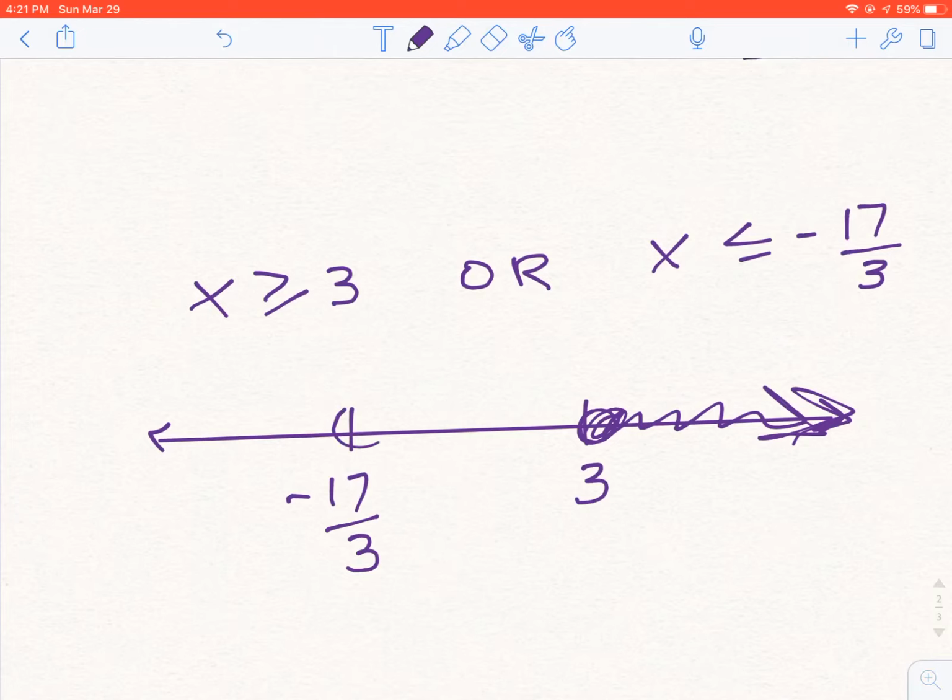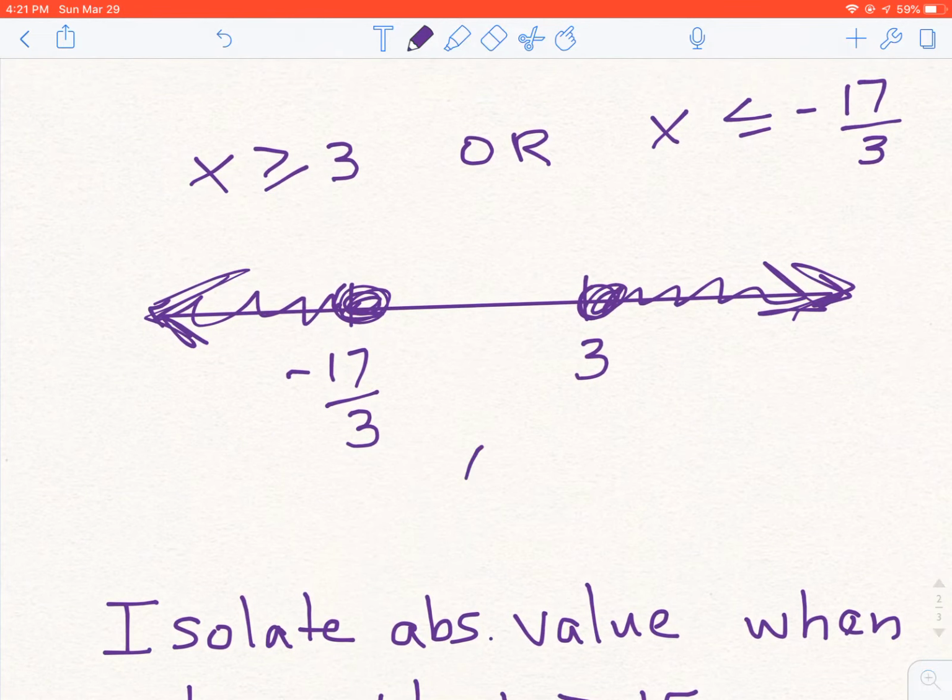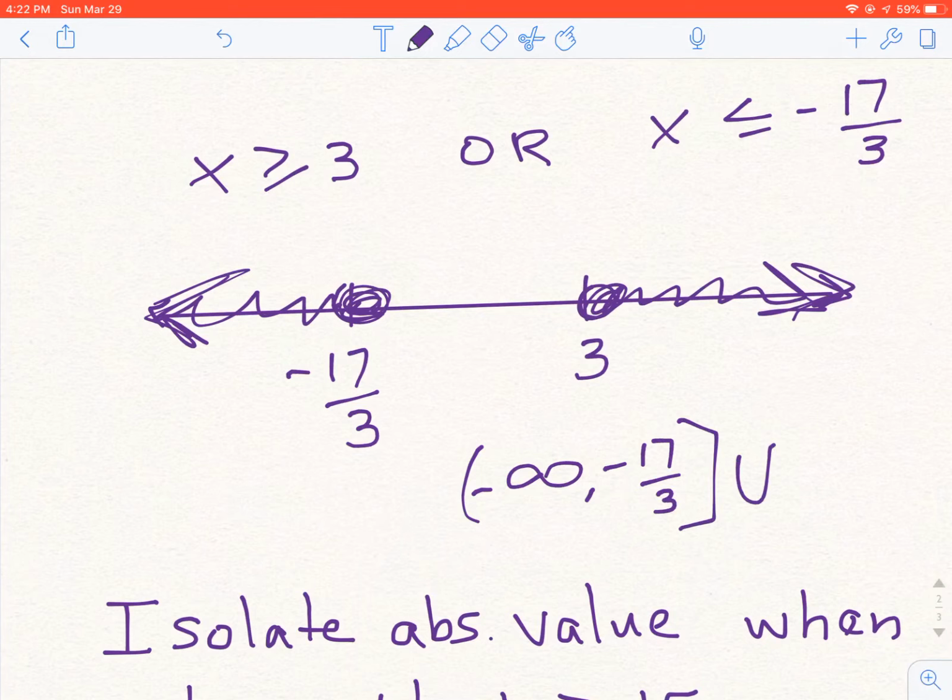Nobody cares. We just graph it, and then it's got to be less than or equal to this. So then my answer is negative infinity, comma, negative 17 over 3, square bracket this time because it's equal to, or square bracket 3, comma, infinity. Remember, infinity is always round.